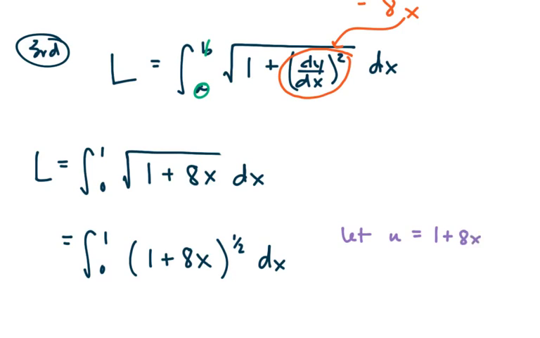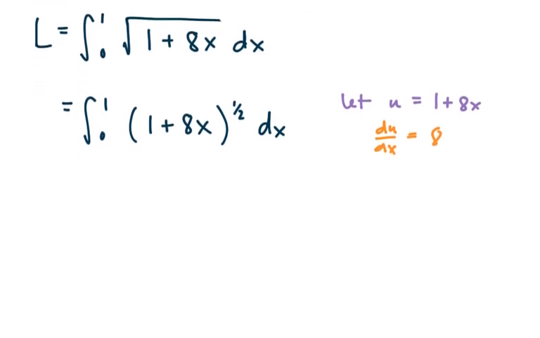And that would mean for us that the derivative of u with respect to x is 8. And that can be rewritten 1/8 du equals dx. Of course, when we do a u substitution, we always want to go ahead and change our bounds right at the beginning.